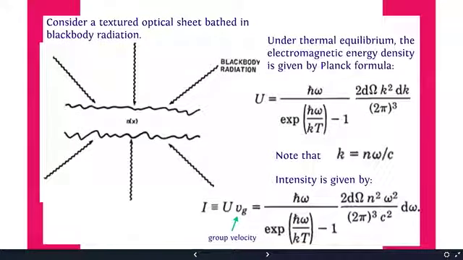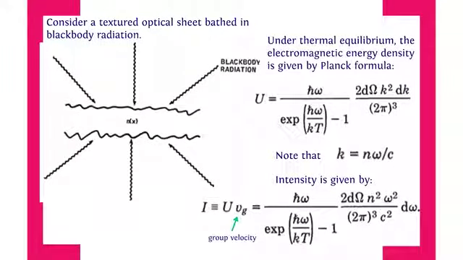Okay, so first of all, let's think about this material here. Think about it like a solar cell, which has some refractive index n, but the refractive index changes with position x. Light's coming in from everywhere. So you think about this as a textured optical sheet bathed in black body radiation. Under equilibrium, the temperature of this must equal the temperature of the surroundings.